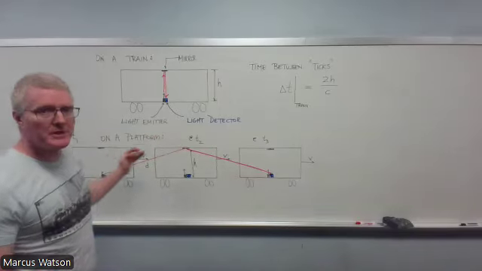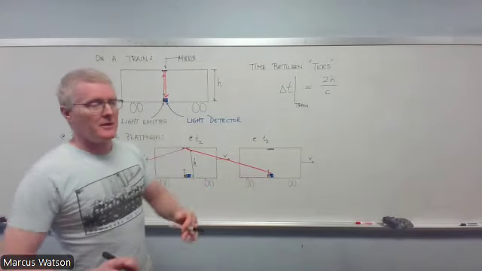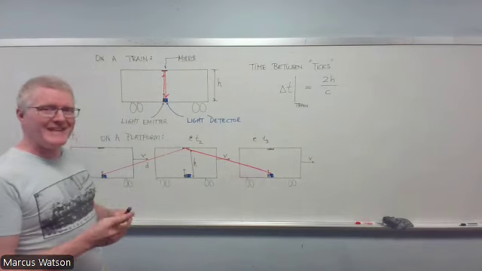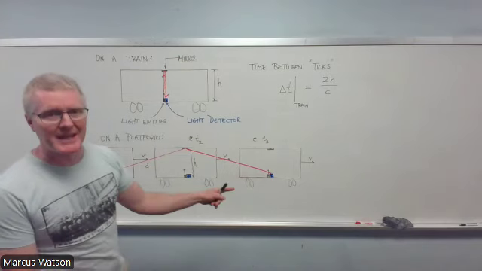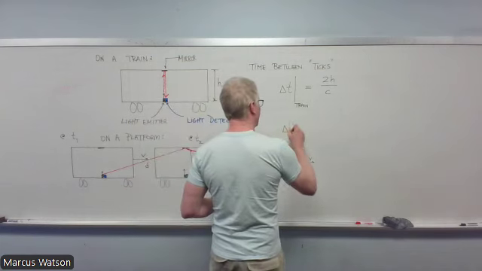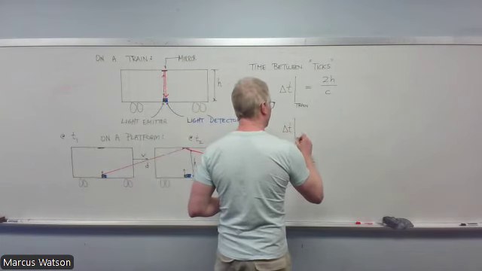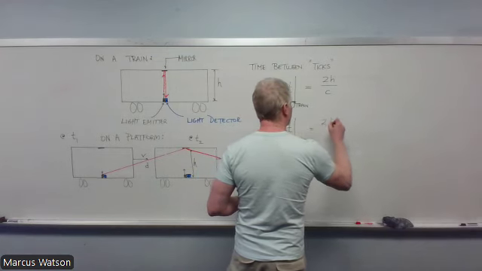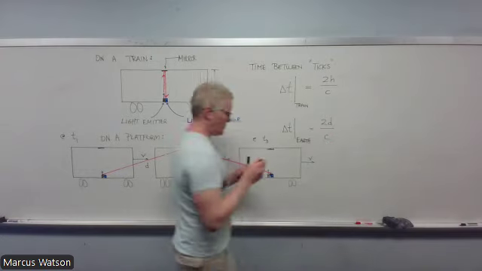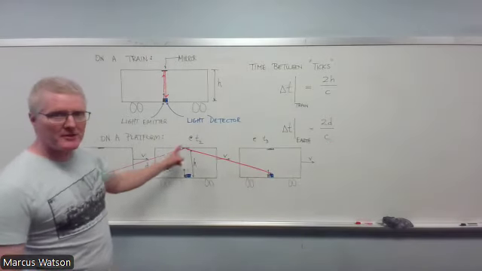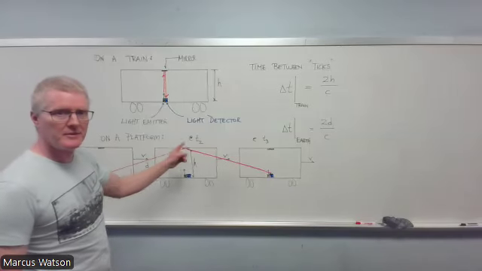The light has literally gone on a longer path. And therefore I would ask, from my perspective out here on the platform, what is the time between emission and detection of the light? What's this delta t as seen by someone on Earth, or on the platform? It should be 2d divided by c, where d is the hypotenuse of this triangle right here.